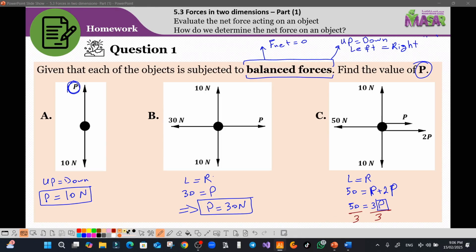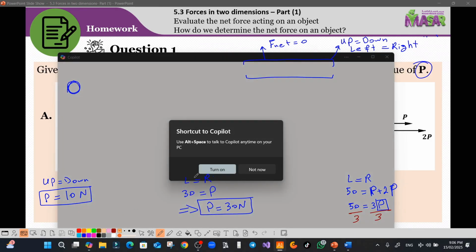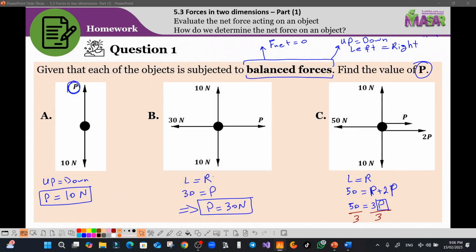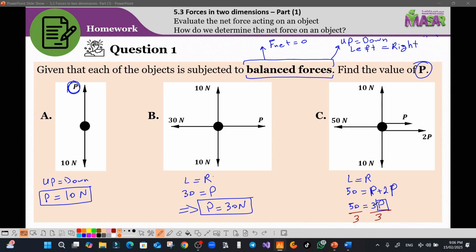To cancel the 3, I must divide over it. Here, 3 with 3 cancels out, and 50 over 3 is the value of P, and it has this value, 16.6 Newton. So the P is 16.6 Newton.